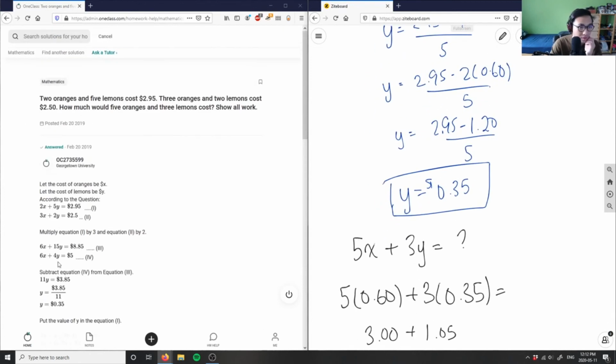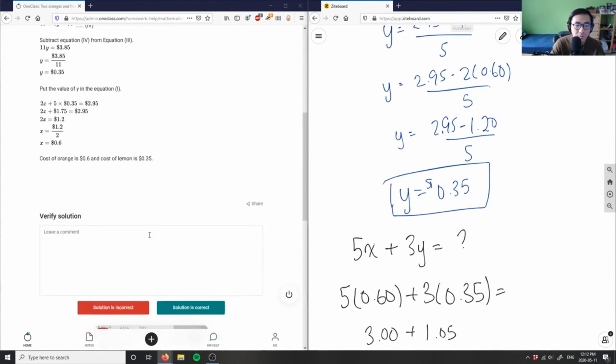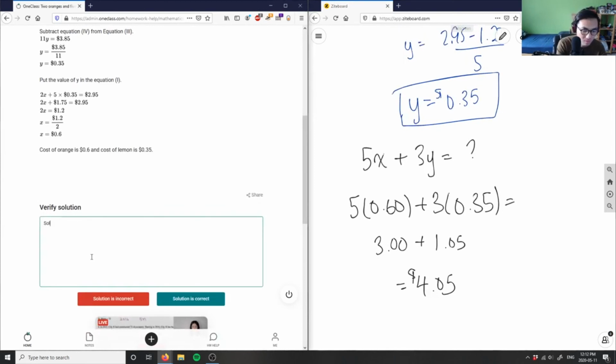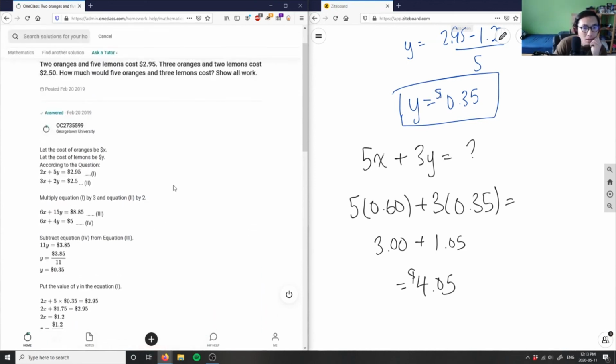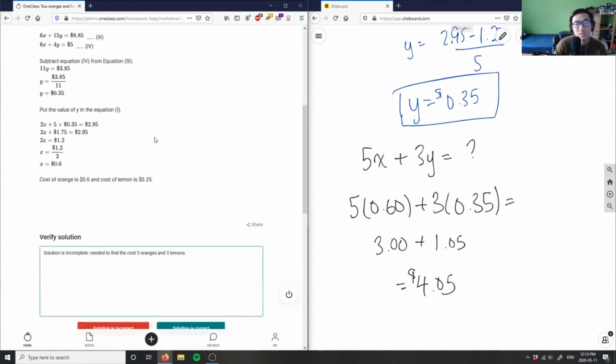So their work is correct, but their solution is incomplete. I'm going to say the solution is incomplete, and they needed to find the cost of 5 oranges and 3 lemons.